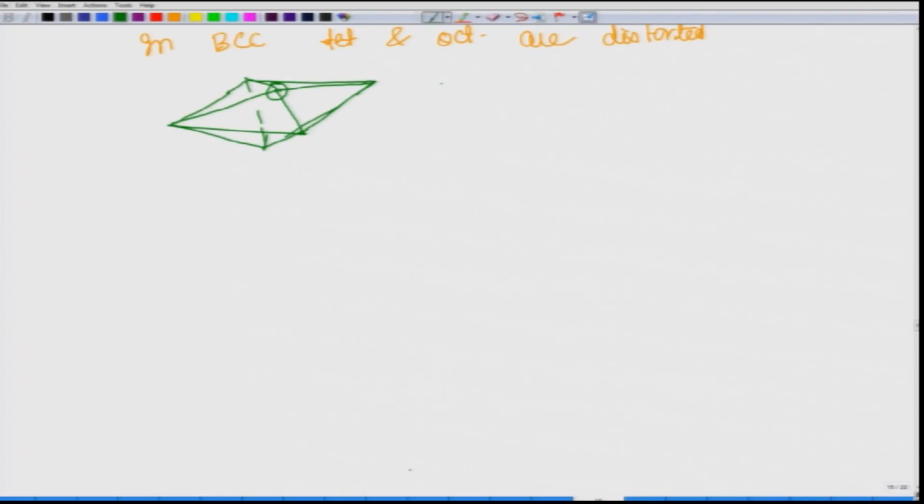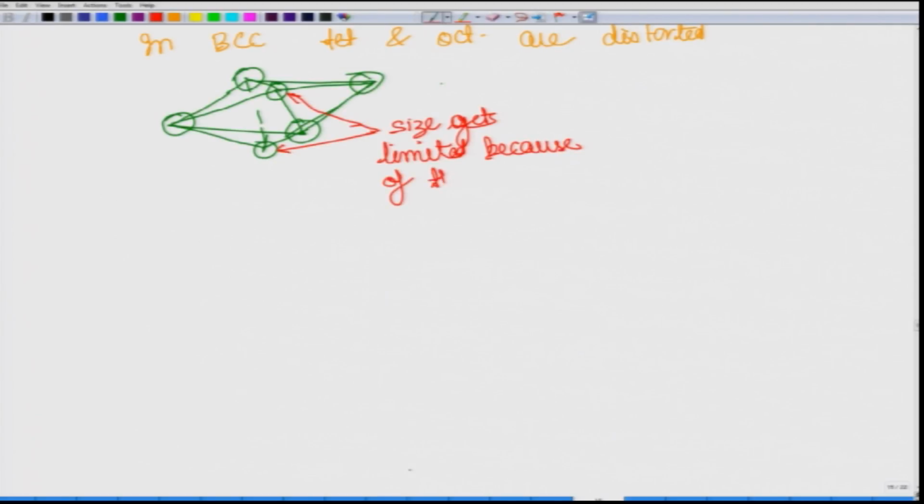The atoms on the plane are far apart, and the size of the void is limited primarily because of these two atoms. The size gets limited because of these atoms.